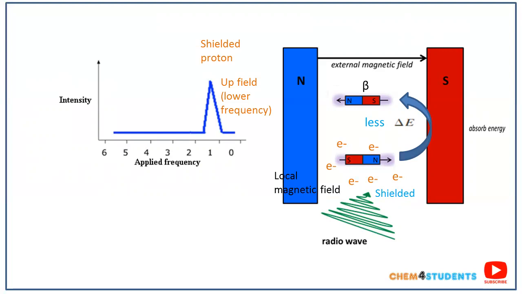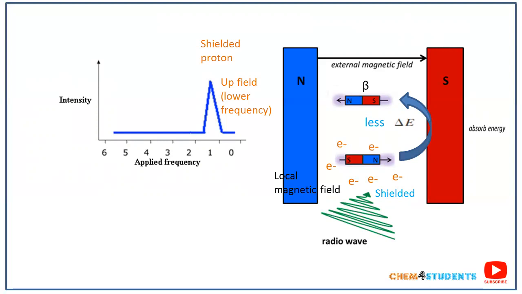What is the reason? Why do we get the peak at the upfield region, that is, the lower frequency region? As we know, the electron shield present around this nucleus provides a local magnetic field, which is also called the induced magnetic field, along with the external magnetic field. That means we have two magnetic fields: one is the local magnetic field, the second is the external magnetic field.